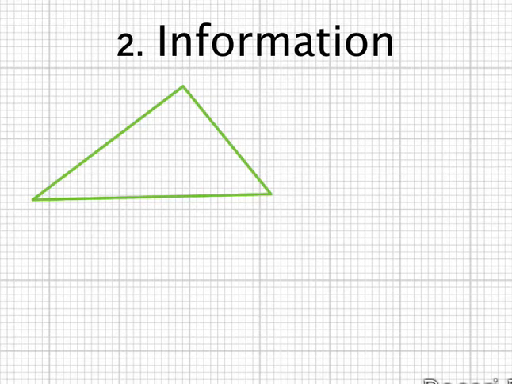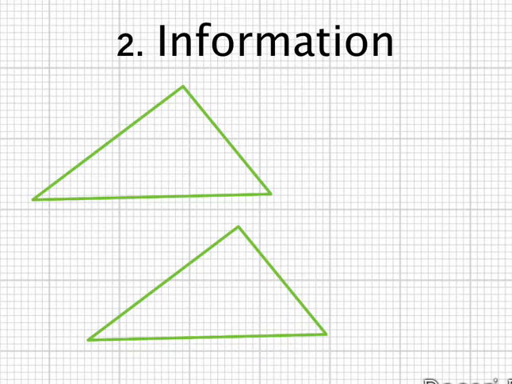So I'm going to copy these ones exactly how they look, but I have that ability in my app that I have here. So I have 2 congruent triangles. They may not be the same exact triangles, but they have the same length.